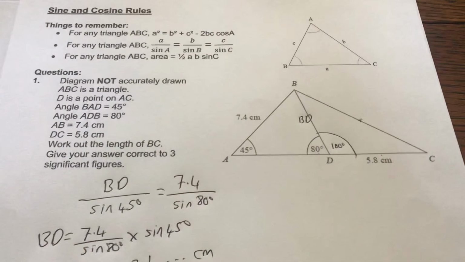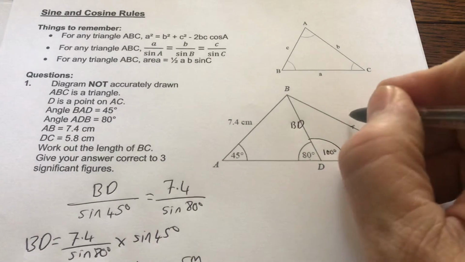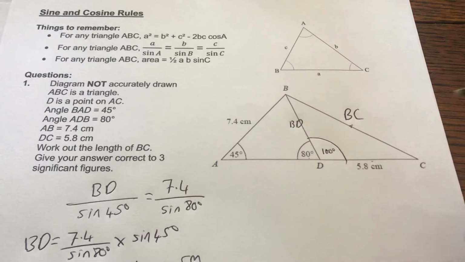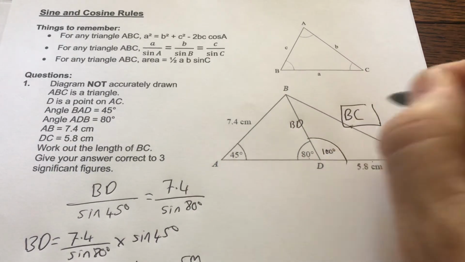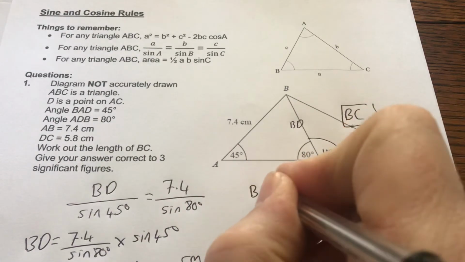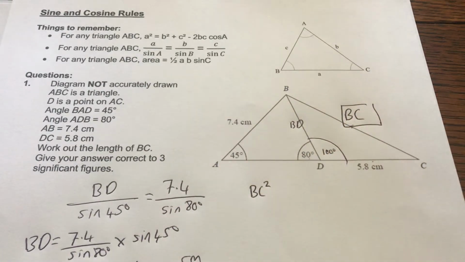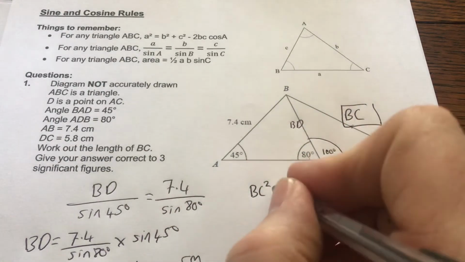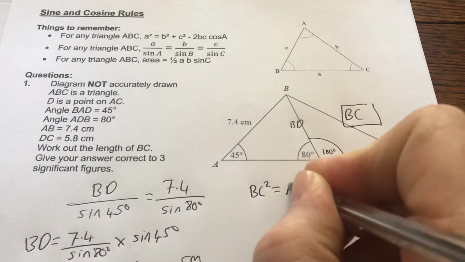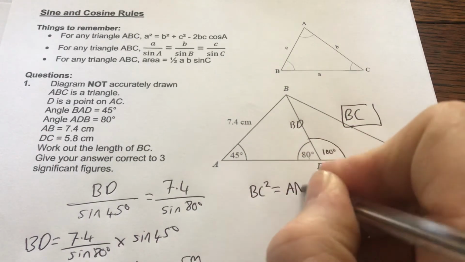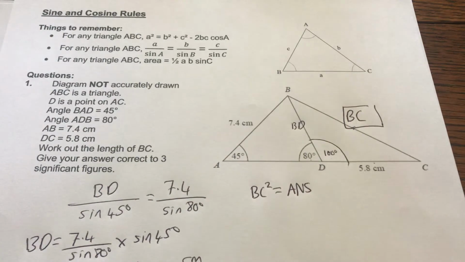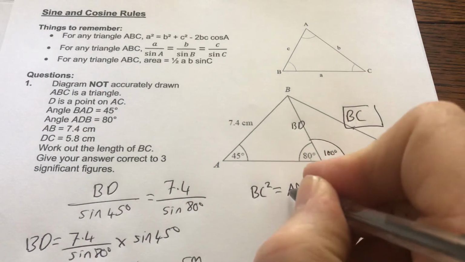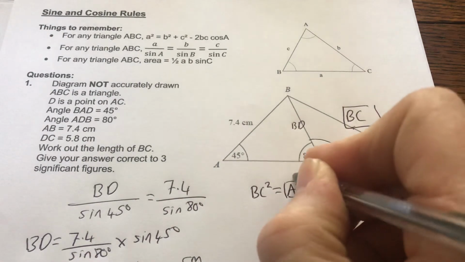We then move on to finding BC. That's ultimately what we need. So we're going to use the cosine rule. BC squared equals BD, so it's going to be ANS squared. Remember that from the last question.